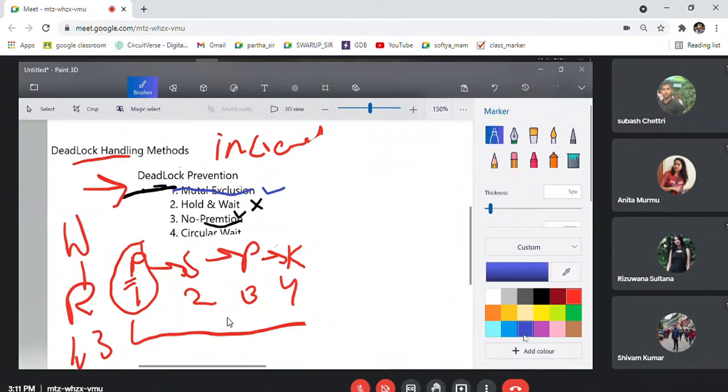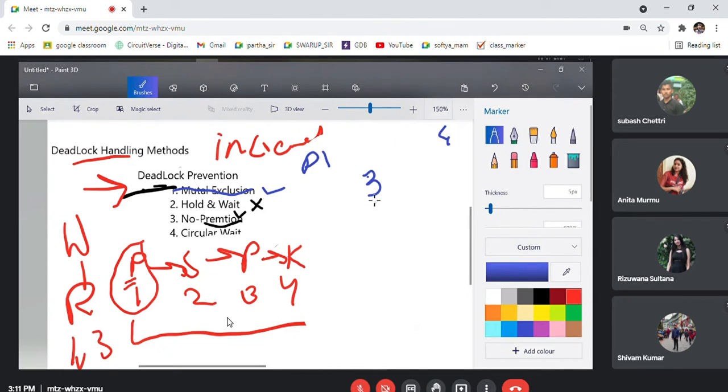If we are assigning in incremental order, then if I have process P1 and 4 resources 1 2 3 4, and it has resource 3, that means it can only be assigned resource 4. If it requests 1 and 2, then the operating system will make it enter the waiting state.